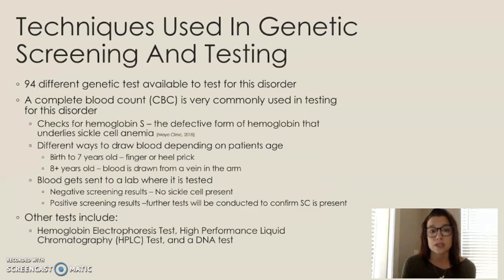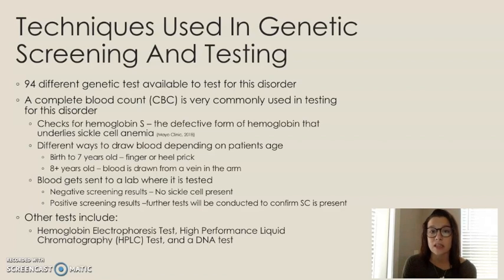So techniques used in genetic screening and testing. There are 94 genetic tests available to test for this disorder, but the most common is a complete blood count, or a CBC. They check for hemoglobin S, which is the defective form of hemoglobin that underlies sickle cell anemia. There are multiple ways to draw blood depending on the person's age.